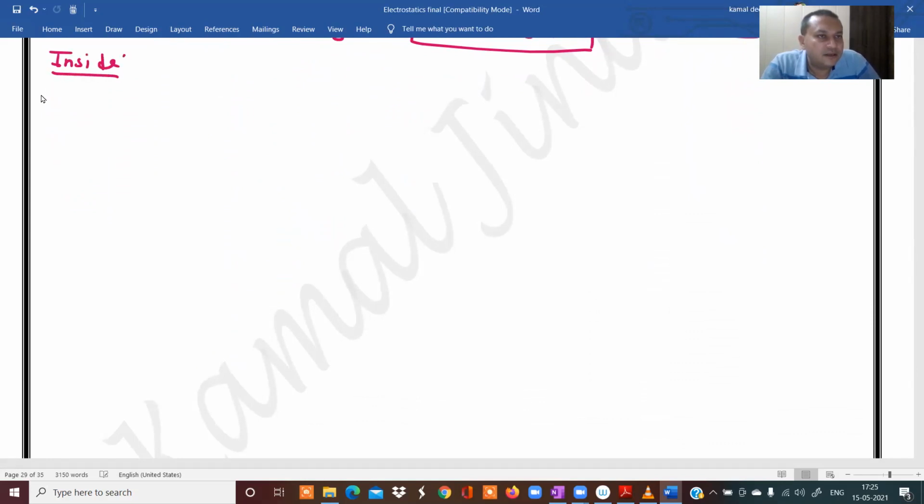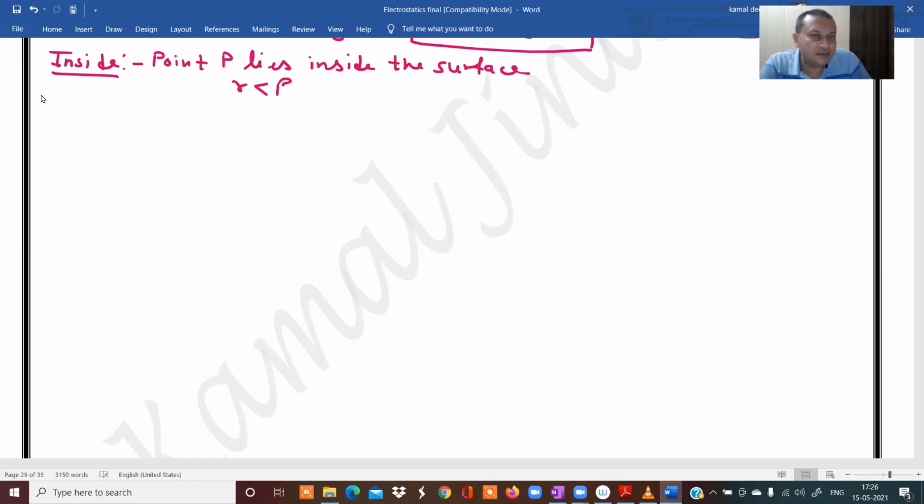For inside, the point P lies inside the surface. So may I write r is less than R, which means its distance is less than the radius of the surface.